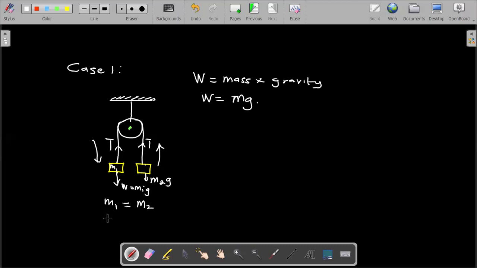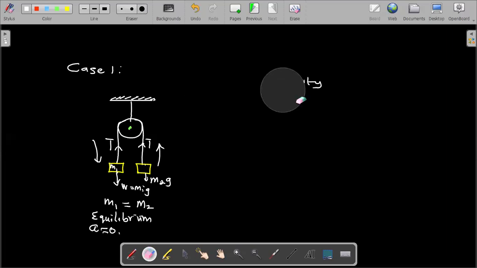So in this kind of system, our acceleration will simply be 0, because the system is going to remain at equilibrium. So that is the first case where our masses are the same.